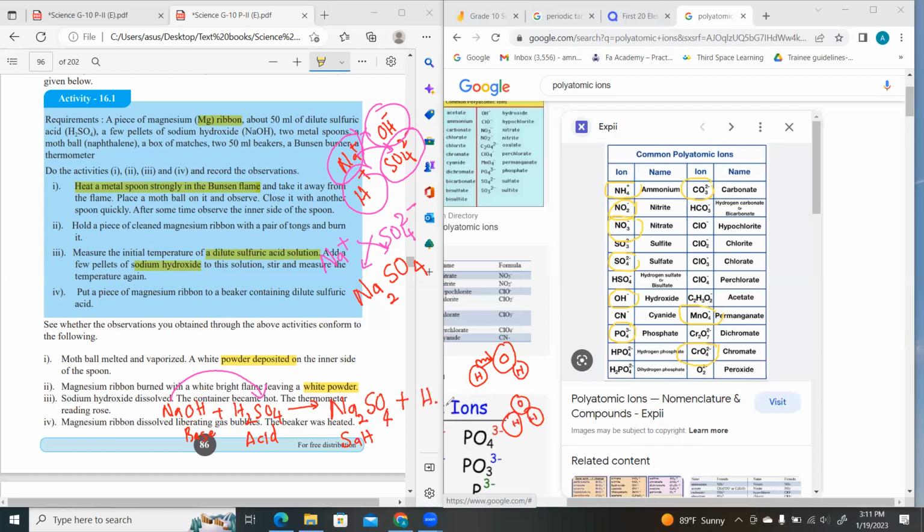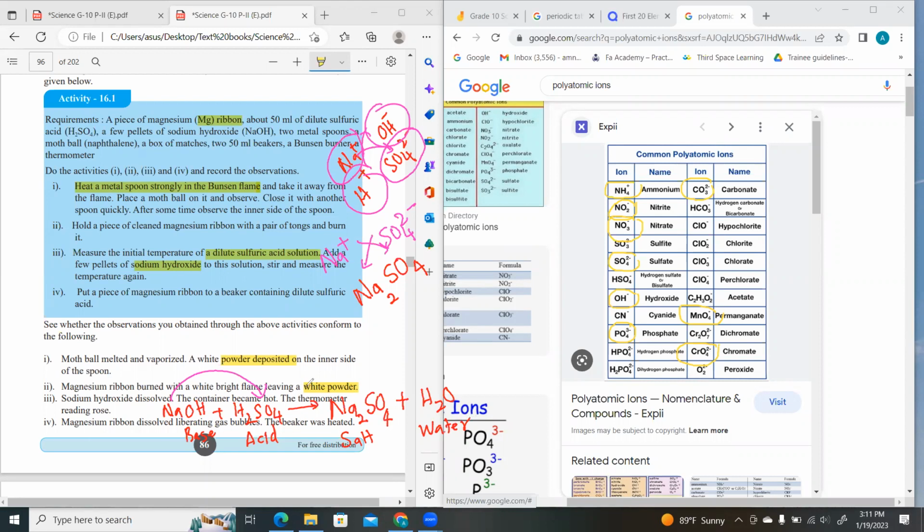So H2O will be formed, right? So you all know that in a neutralization reaction, we will be getting a salt and water as the products, right?